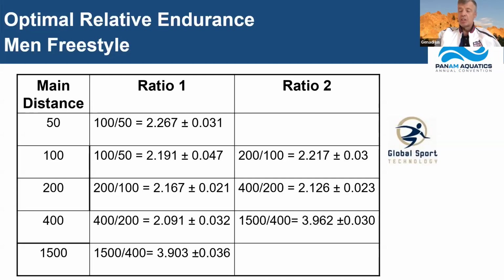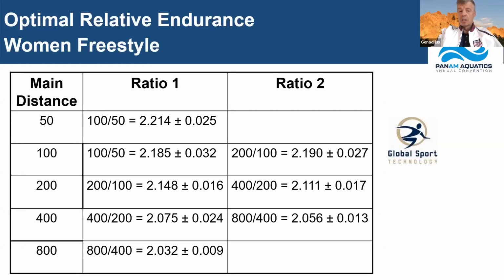Again, the ratio gradually decreases with longer events. And we again can use these ratios to understand the physiology and what training has been done for our swimmers. And then the online software that we have even generates recommendations, what kind of training you need to do based on that. So for females, it's the same tendency.